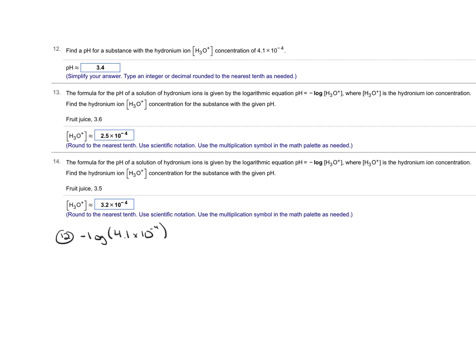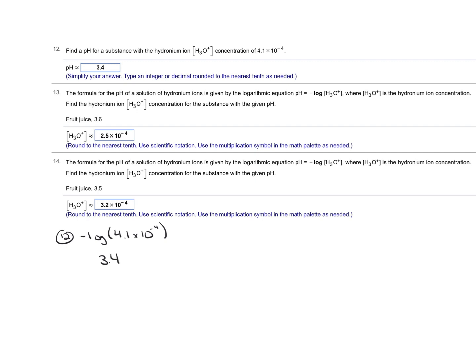And in all honesty, you can just type that whole thing in your calculator, right? Type the negative sign and then log and make sure all of this is in parentheses, and you'll get 3.4.